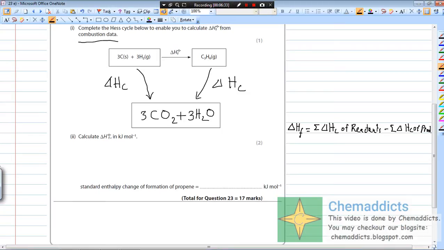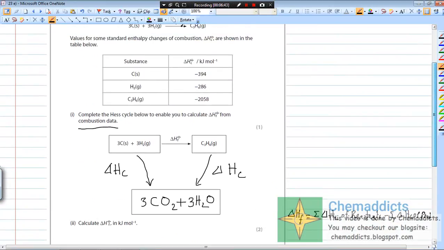Okay, so this is the equation that we will use here. This formula is only applicable if all of the data given here is the combustion enthalpy. Okay, so if all the data here are the combustion enthalpy for each substance, then we may use this equation.